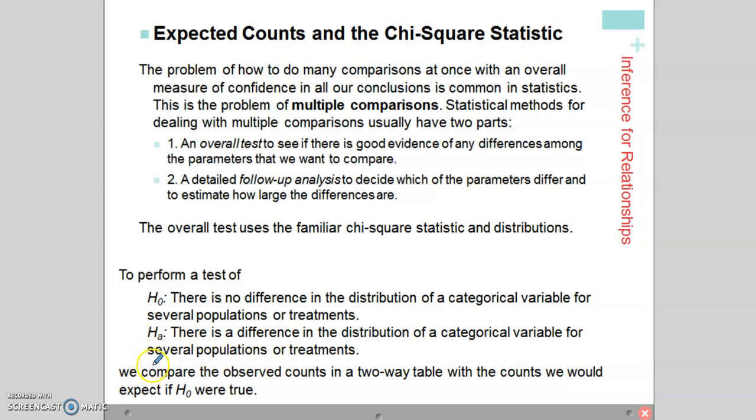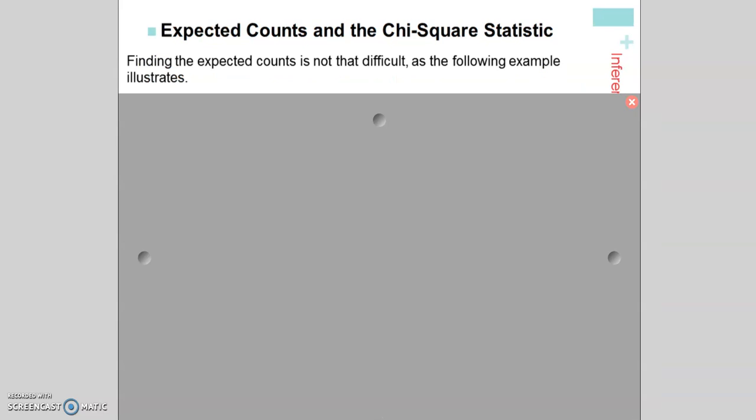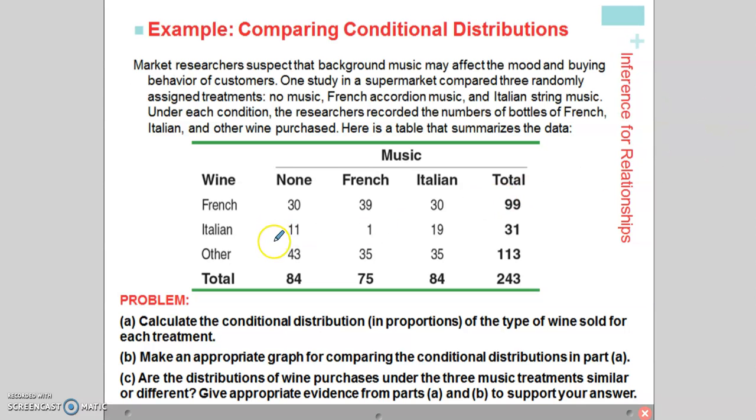And then what we do is we compare the observed counts in a 2-way table with the counts we would expect if the null hypothesis were true. Just like 11.1, we compare the observed counts to the expected counts. So for these, though, how do we find the expected counts? If you think about going back to this table here, what should we expect to get right here?